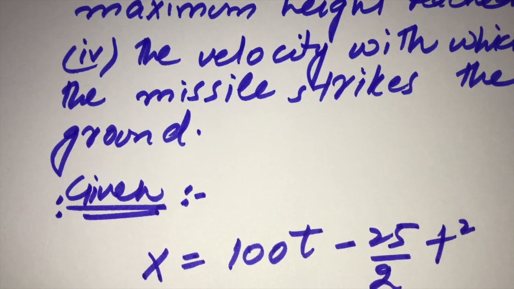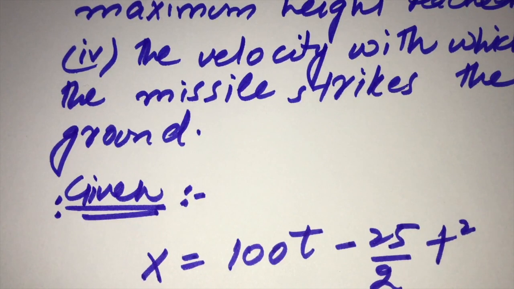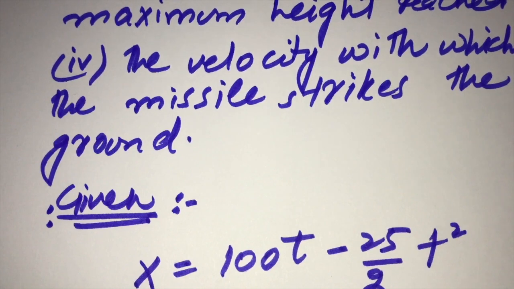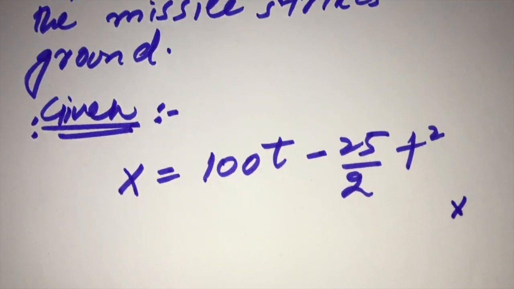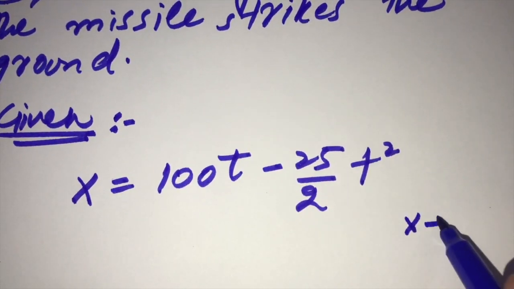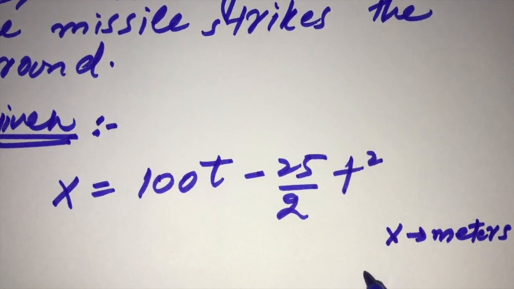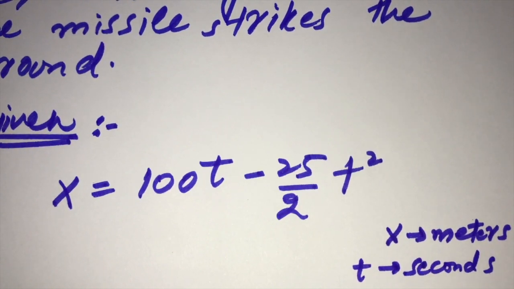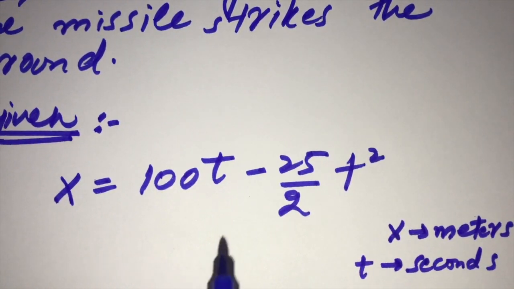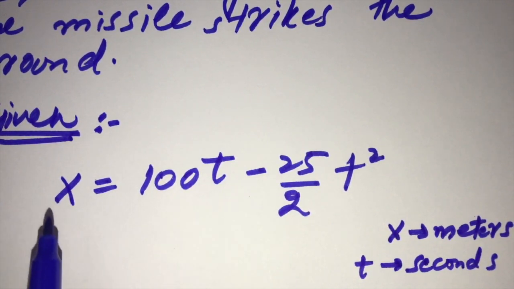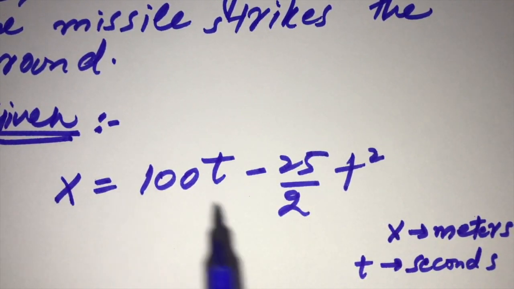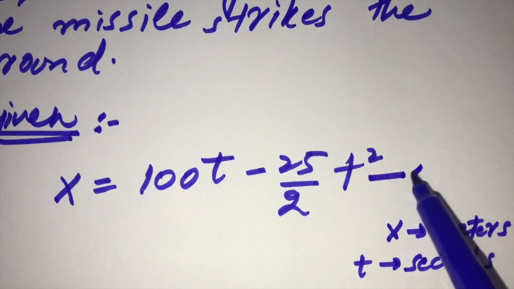And it is also mentioned in the question that x is in meters and t is in seconds. So we name this function, or this relation, as star.